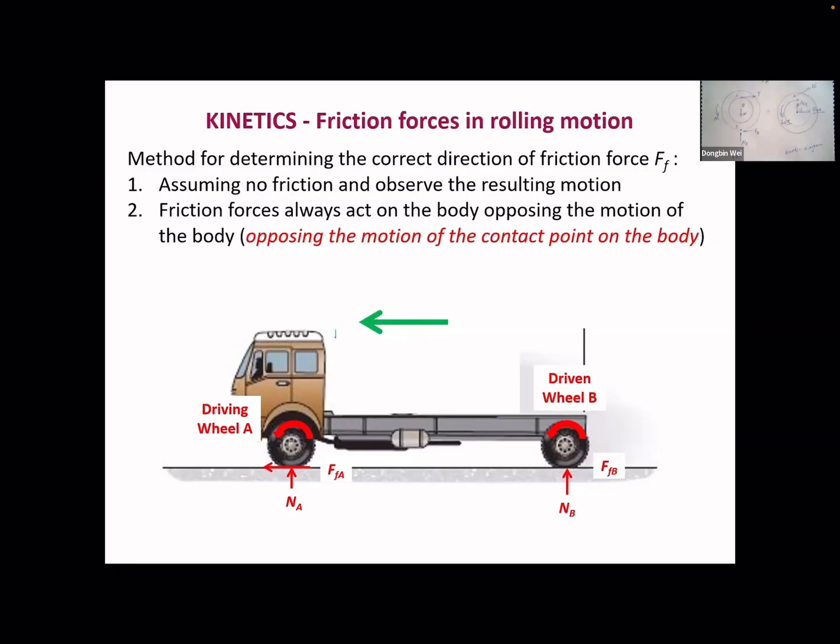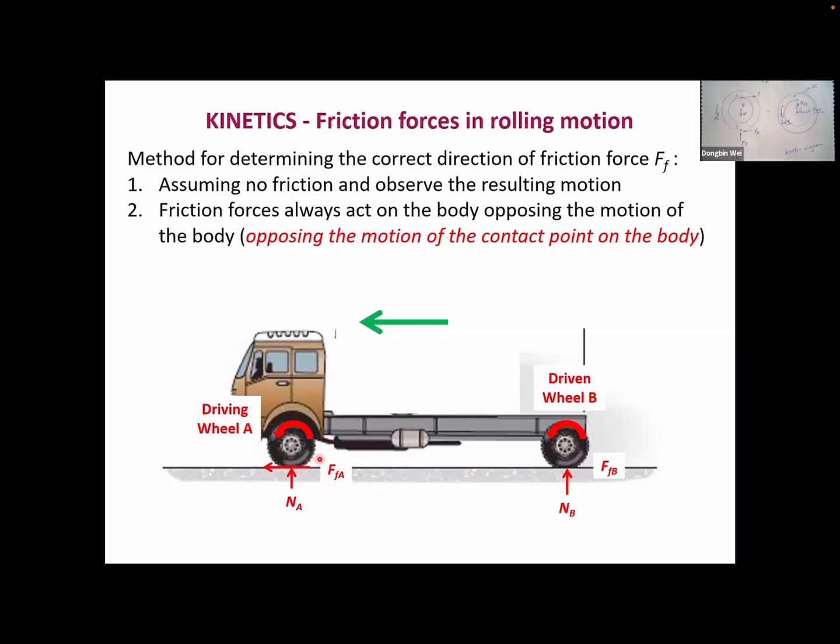Okay, I got a question here. If the vehicle is moving to the left and the friction is to oppose motion, why is the friction also to the left side? I'm not quite sure which point you are talking about. Are you talking about point A or point B? Okay, for point A, this is a driving wheel, okay? The friction force is to the left side. That's why this vehicle can move forward to the left side.